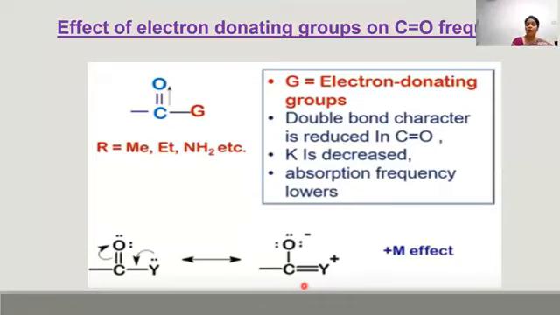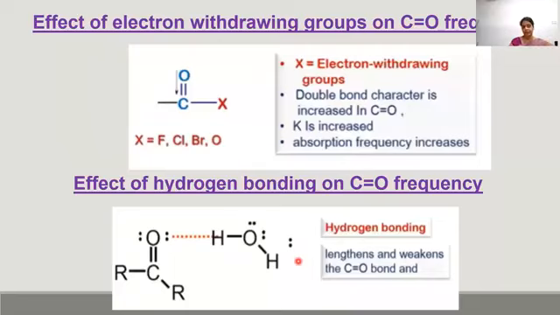Or we can say all the compounds which show plus M effect, positive mesomeric effect, by operating the positive mesomeric effect, will decrease the electron density between the carbon-oxygen bond and increase the electron density on oxygen. So the value of vibrational frequency decreases.